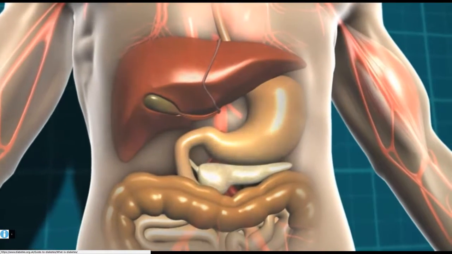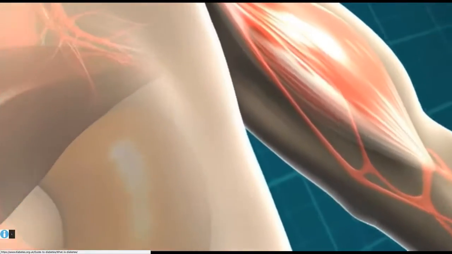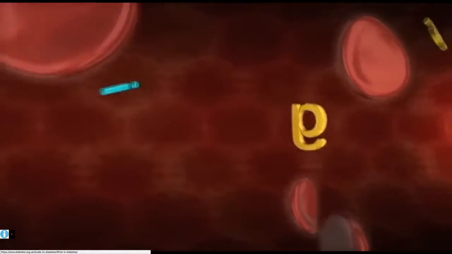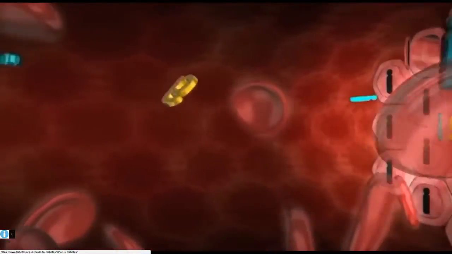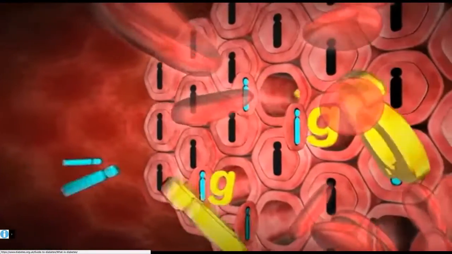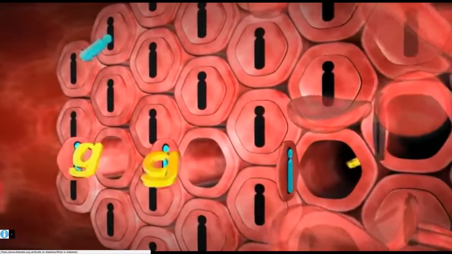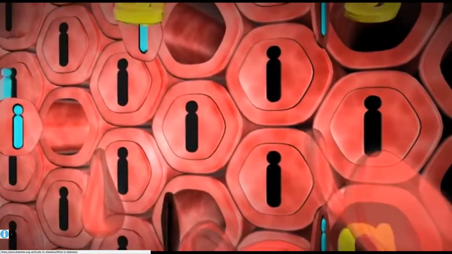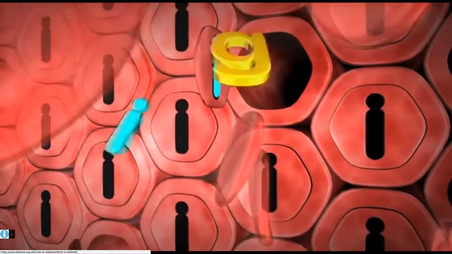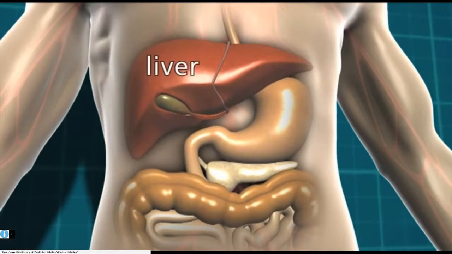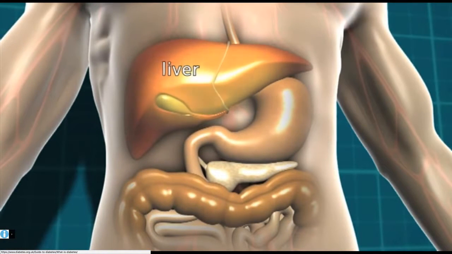To make this easier to understand, let's look at muscle cells. At the muscle cells, it's insulin that allows the glucose to get into the cells where it can be used for energy. It's a bit like insulin as a key unlocking the door to the cells so the glucose can get in. That way, the blood glucose level starts to drop. But the blood glucose level can be topped up at any point by the liver releasing extra glucose that it has stored.